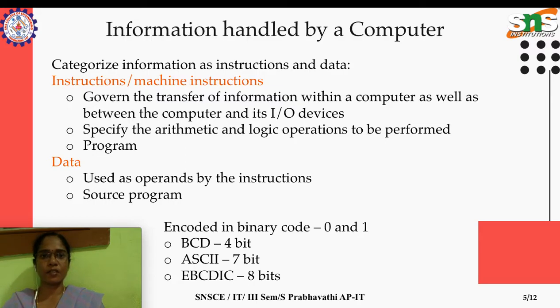It governs the transfer of information between the different functional units. And of course, a set of instructions is called a program. It carries out some operation for the user, and the operations are done by a separate functional unit in a computer system called the ALU.